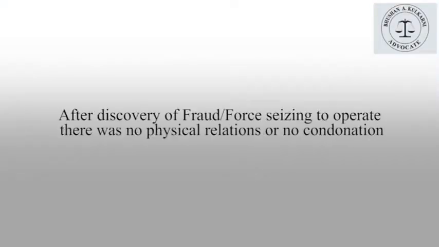After discovery of fraud or force ceasing to operate, there should be no physical relations or no condonation. This is very important. The day the person realizes that there was fraud, or the day there is no force on him anymore, from that day onwards he or she should not have voluntary physical intercourse with the spouse.